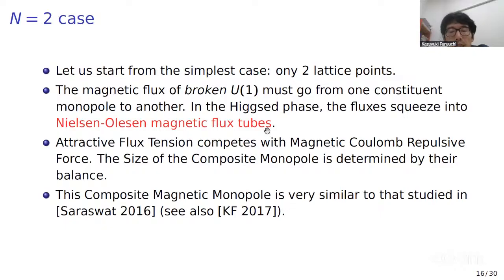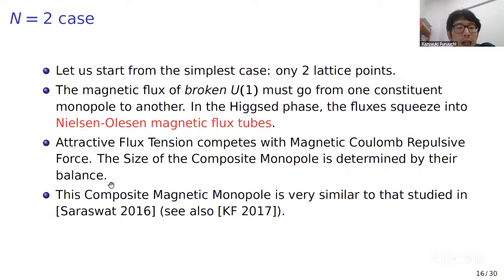It's like a type 2 superconductor and the Meissner effect. This magnetic flux tube has attractive flux tension, which competes with the magnetic Coulomb repulsive force. So the size of this composite monopole is determined by their balance.